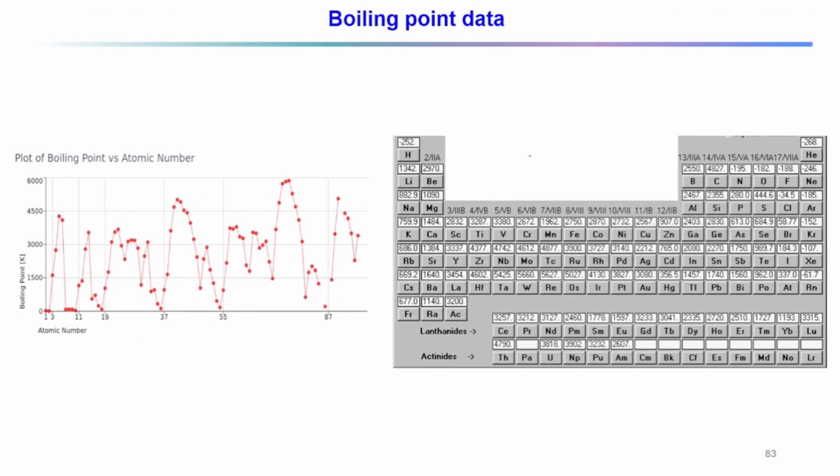And in these plots I am showing you the atomic number versus boiling point data. Here the boiling point is given in Kelvin scale. If you need it for your reference, you can take a look at this periodic table.